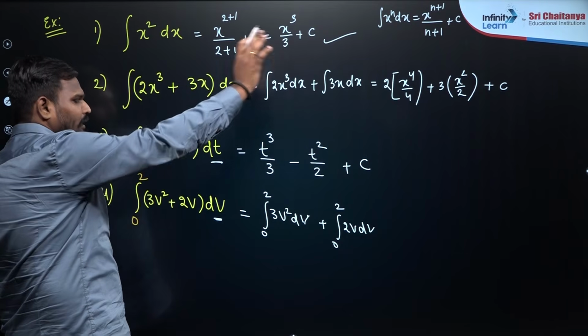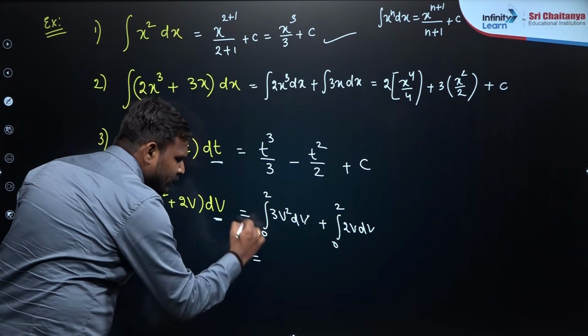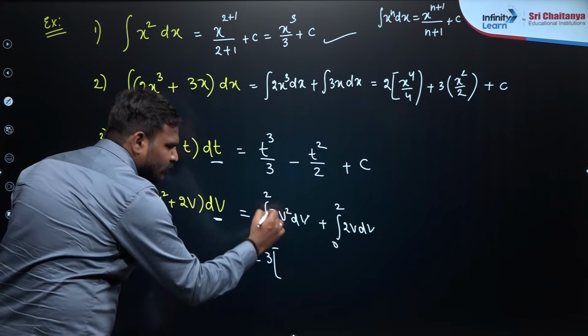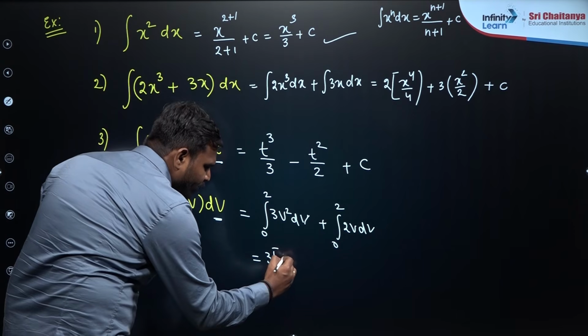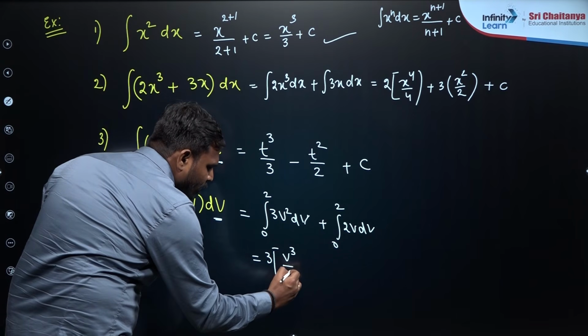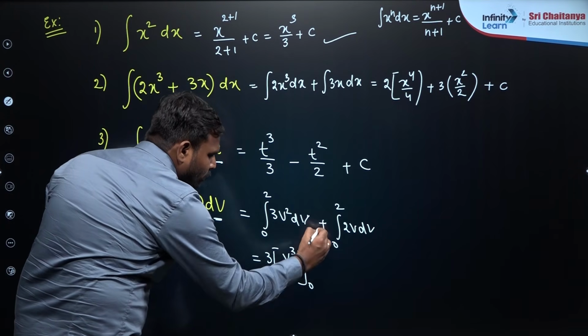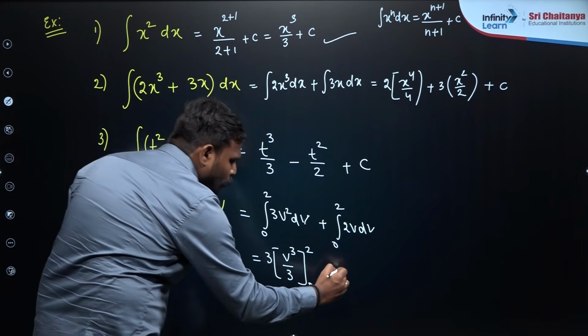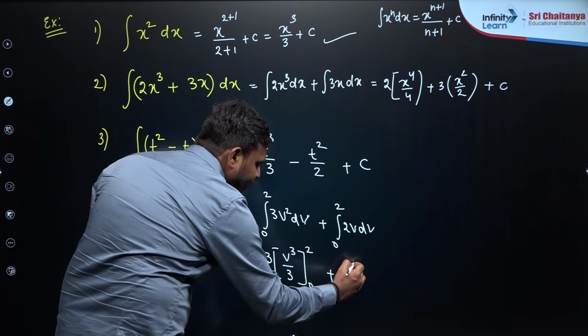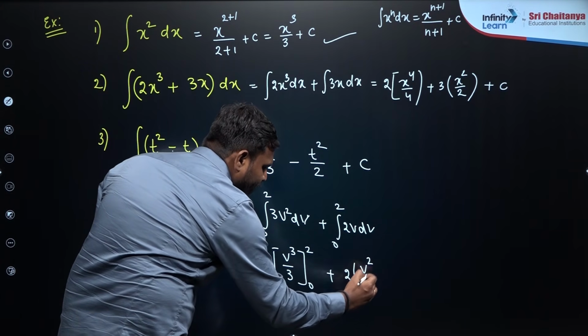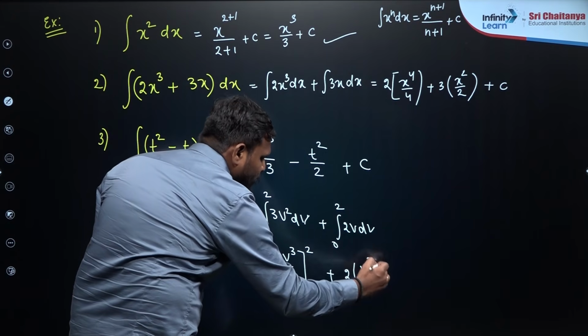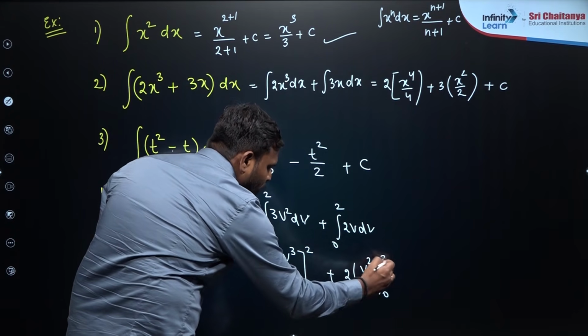Correct? Now 3 is a constant, keep it outside. V square, what is the integration of v square? V power 1 plus 1, v cube by 3, from 0 to 2, plus 2 outside, v dv integration, v square by 2, power 1 is there, sir, 1 plus 1 by 1 plus 1, from 0 to 2.